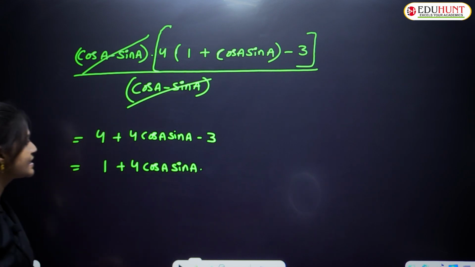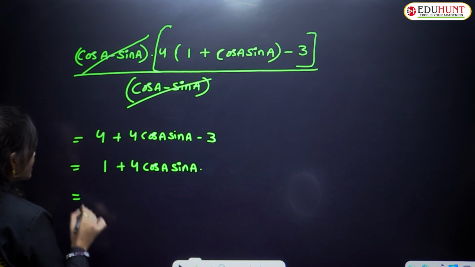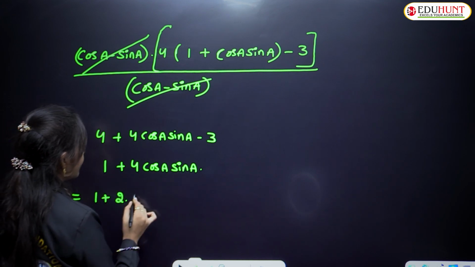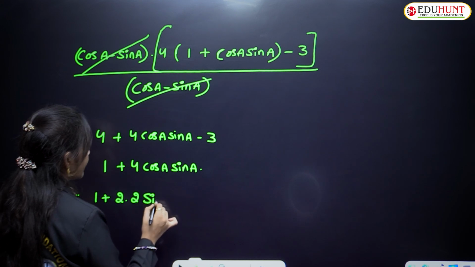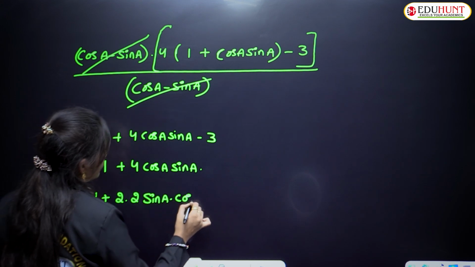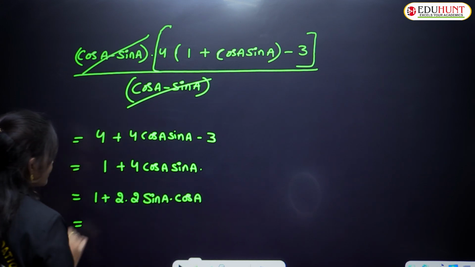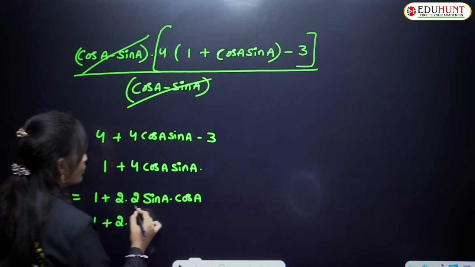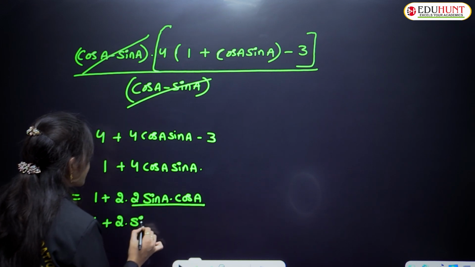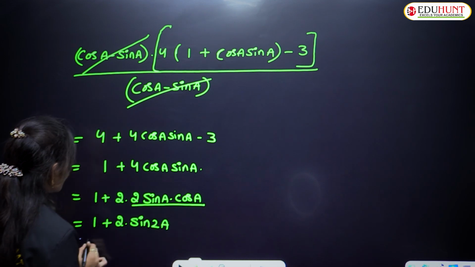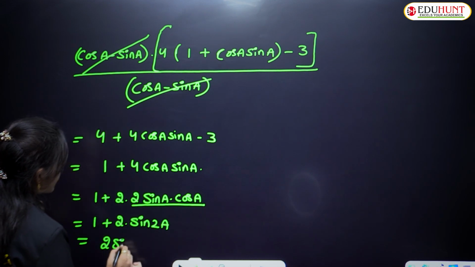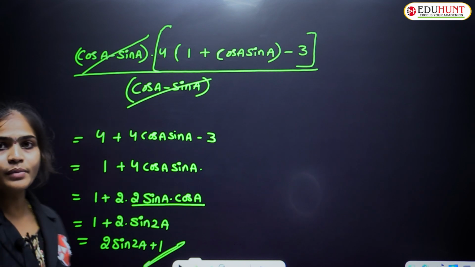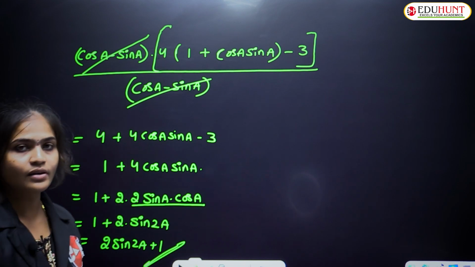Which equals 1 plus 2 into 2 sin a cos a, and 2 sin a cos a is sin 2a. So the answer is 2 sin 2a plus 1. What is the answer? 2 sin 2a plus 1.